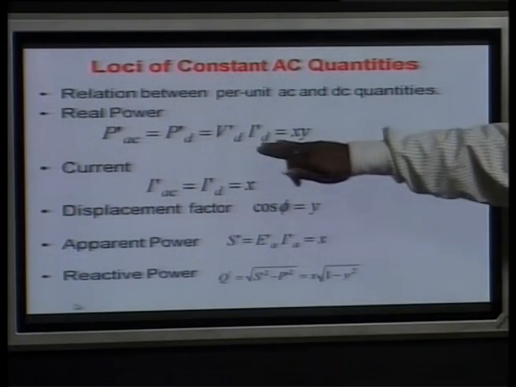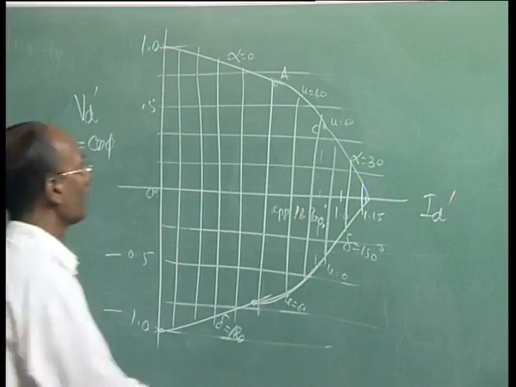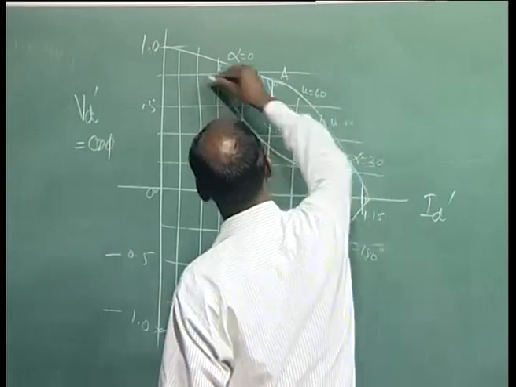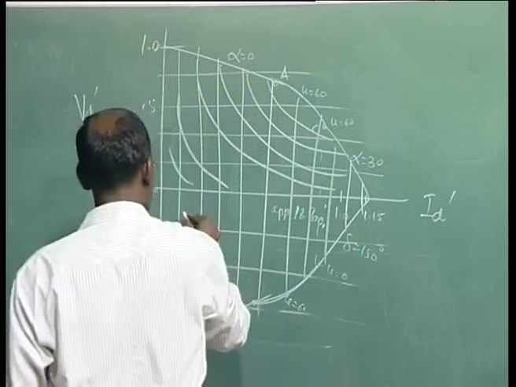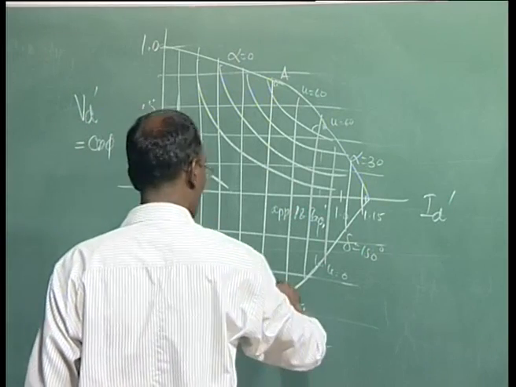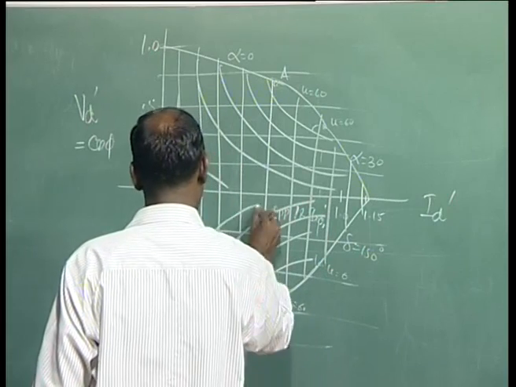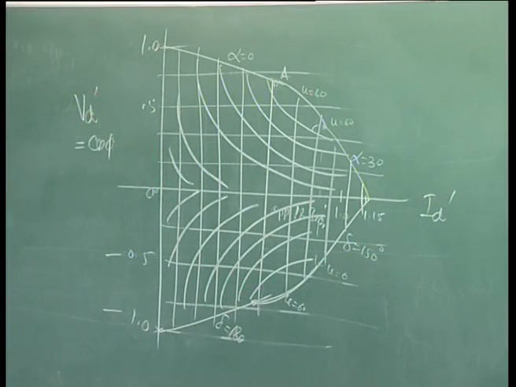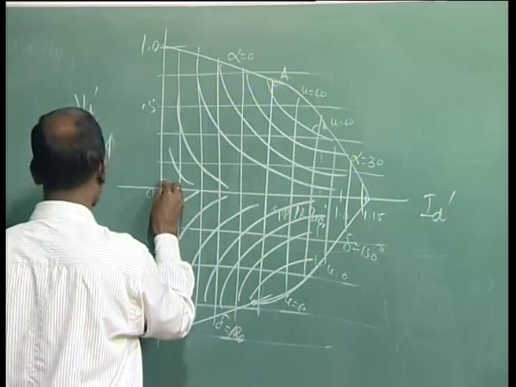Now we can draw this PAC. It is the equation of a hyperbola, an inverse characteristic, and we'll find it looks like this. Once your P is 0, we are at this point.